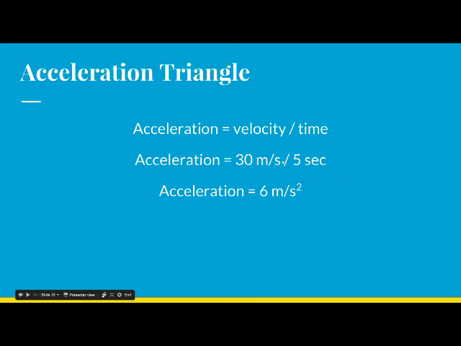So that means that in 5 seconds, you change your velocity by 30 meters per second. Your acceleration then is 6 meters per second squared, right? Because you've got seconds here and seconds here, so it becomes seconds squared, and that's important because that's what acceleration is. And like velocity, acceleration is also a vector.